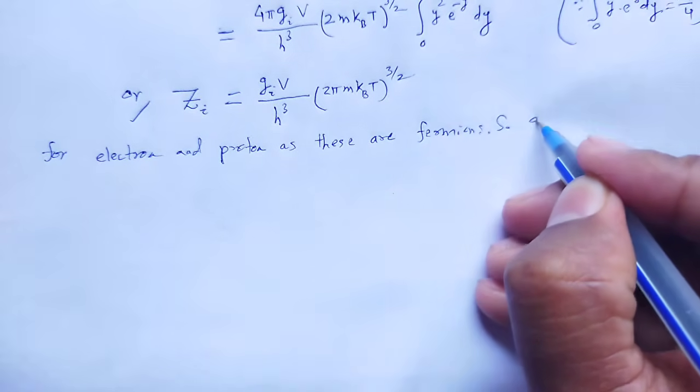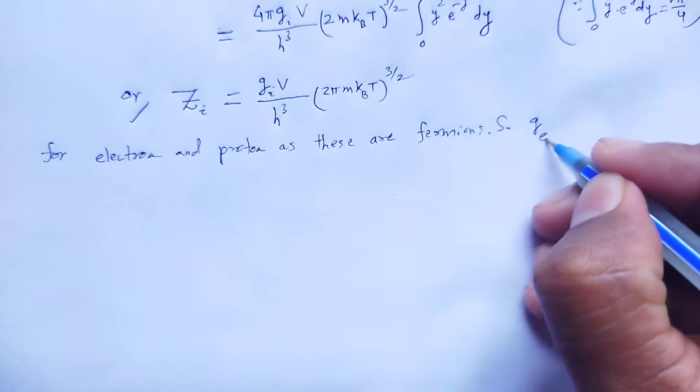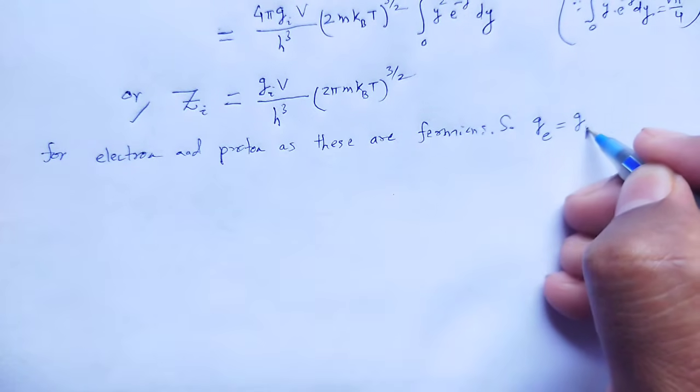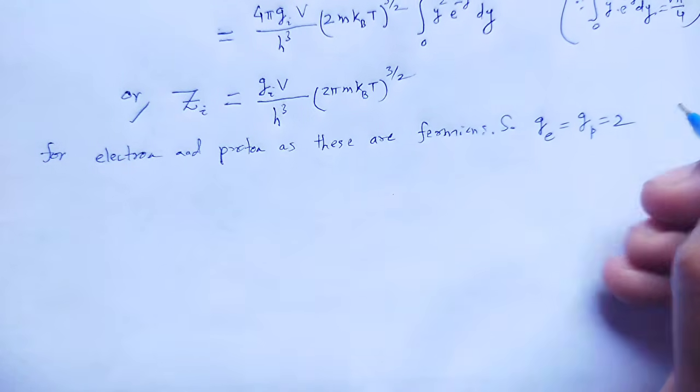So, g for electron is equal to g for proton is equal to 2.